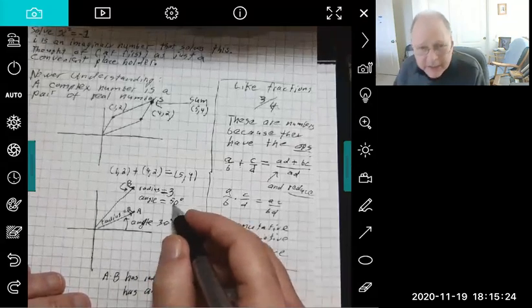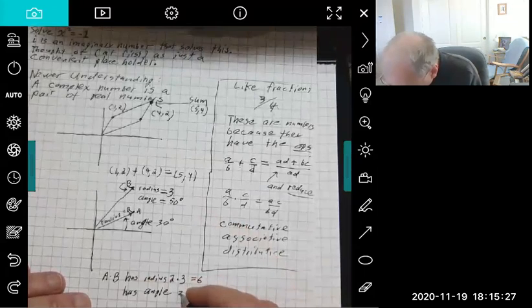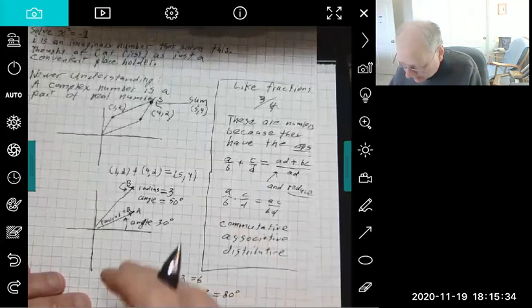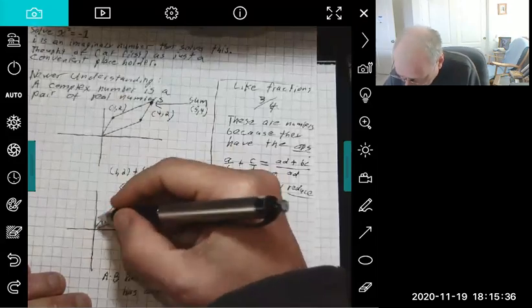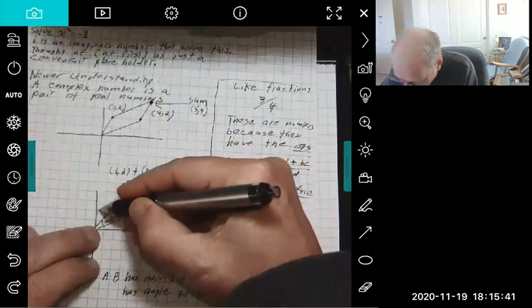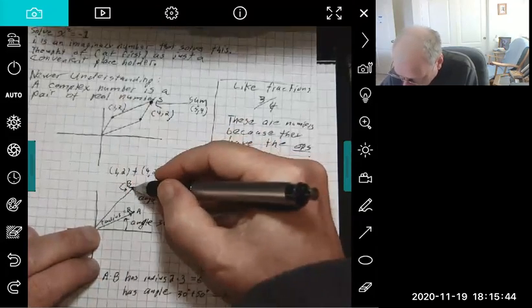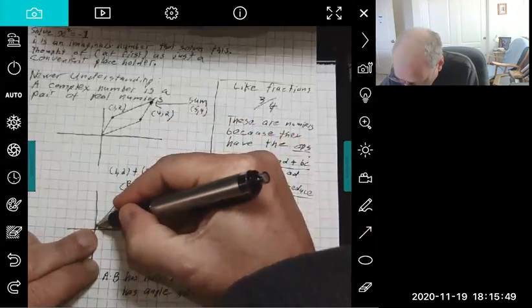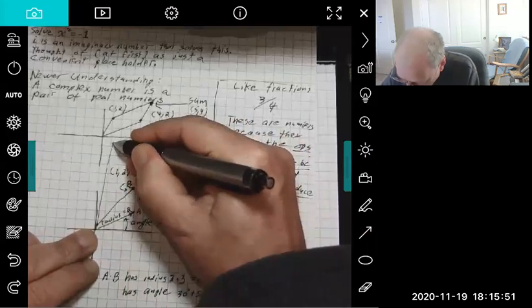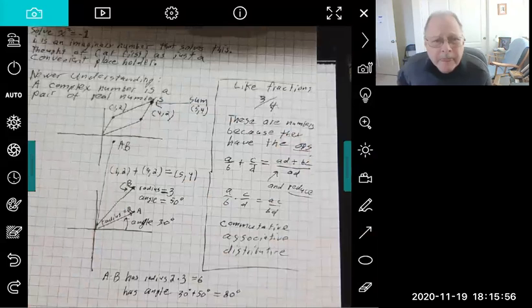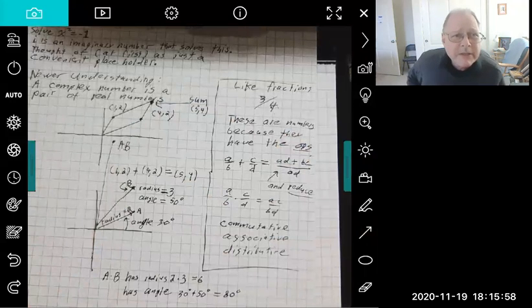You do the 30 degrees plus the 50 degrees, 80 degrees. So after you multiply, you get something way up here, 80 degrees, and it's pretty long. It's twice as long as this guy. It's a radius of 6. Okay, so way up here. So it's a geometrical thing.